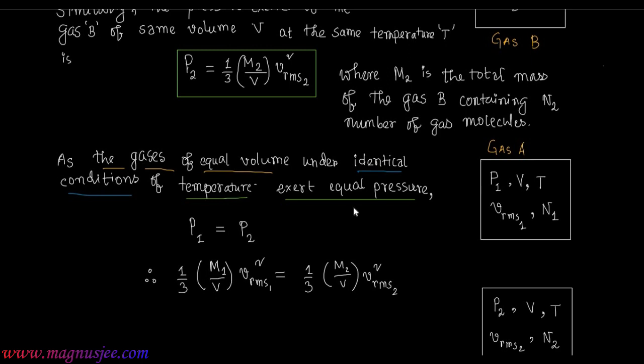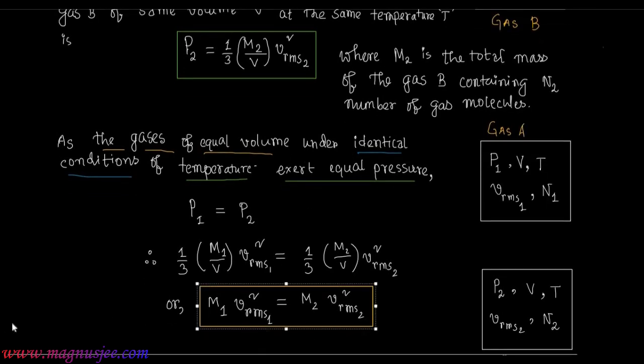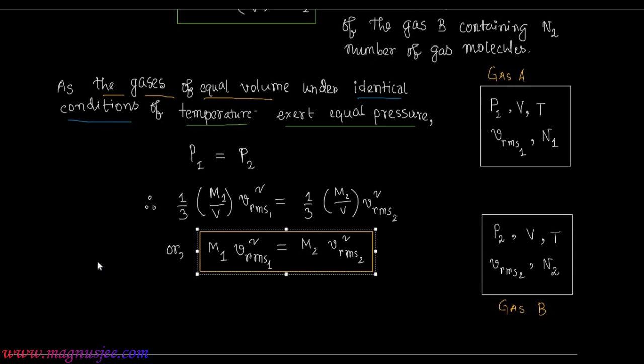By simplifying we get M1 Vrms1 square will be equal to M2 Vrms2 square.